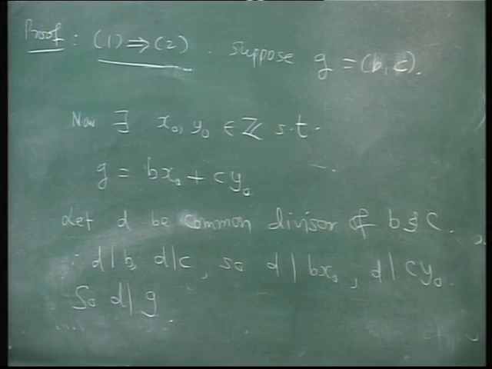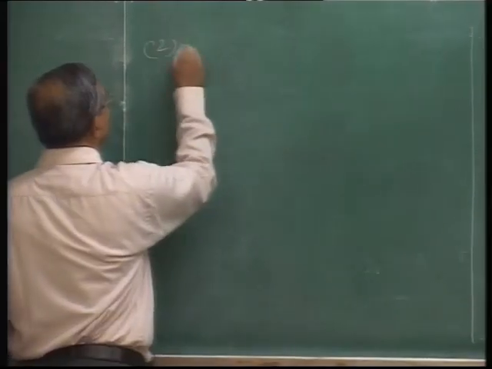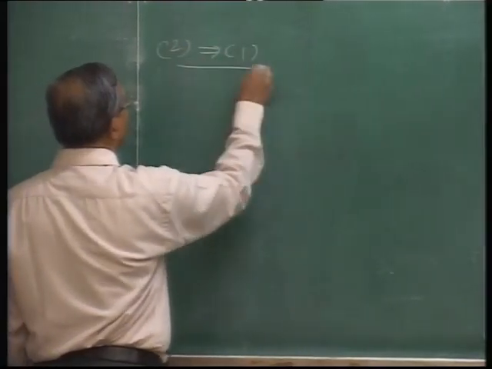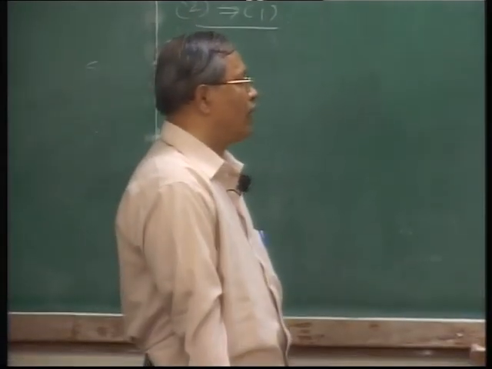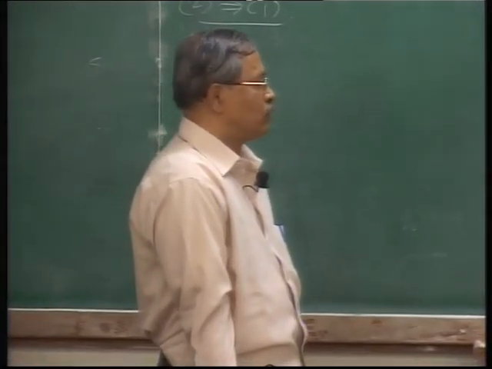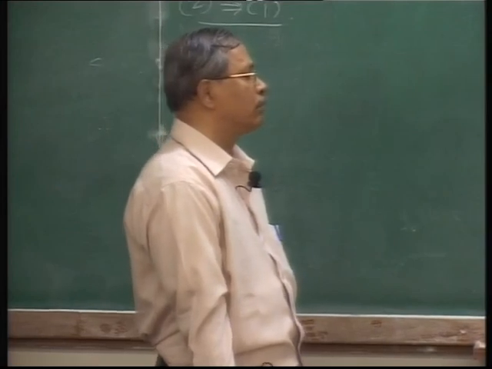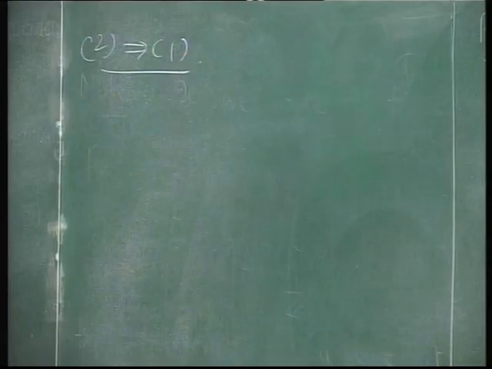Now you assume 2, 2 implies 1. Take any divisor. So basically G is already a common divisor. Is it largest? That is the question.